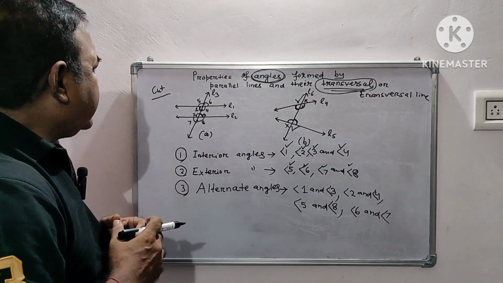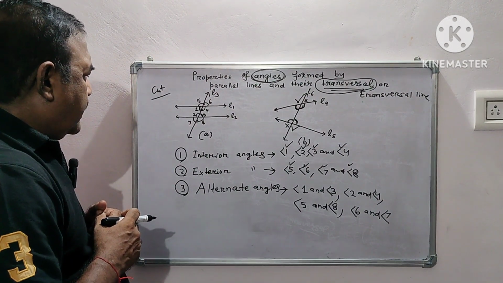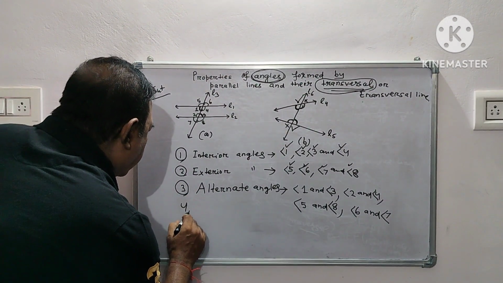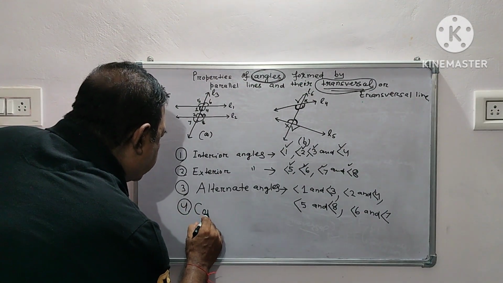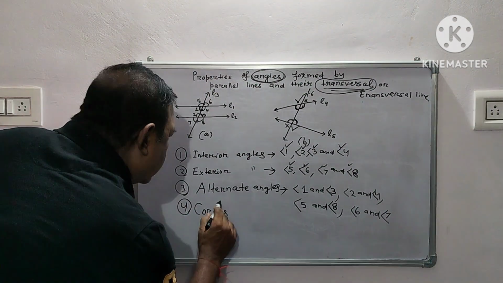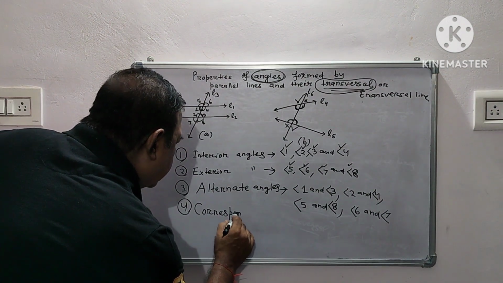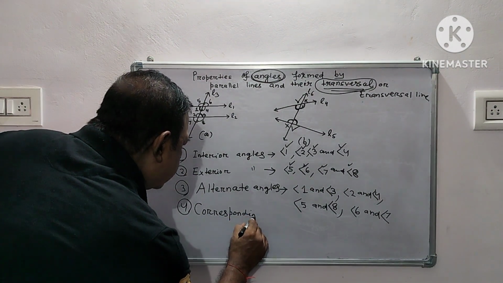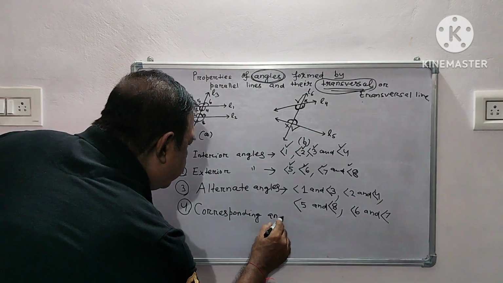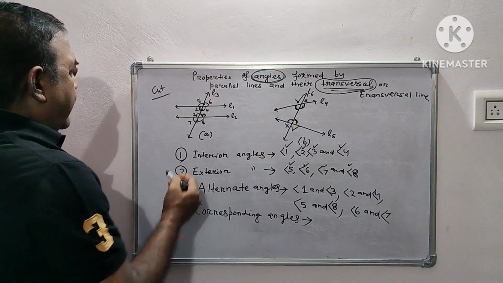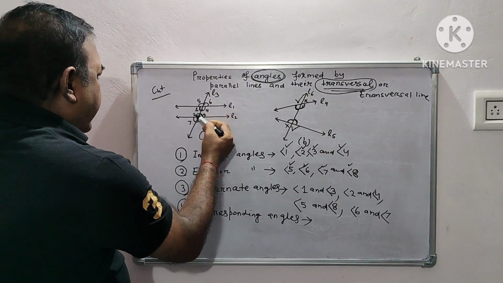But what happens, you see, let us complete that. The number 4. Corresponding angles. We will discuss the alternate angles and corresponding angles vividly. Corresponding angles: angle 5 and angle 2.